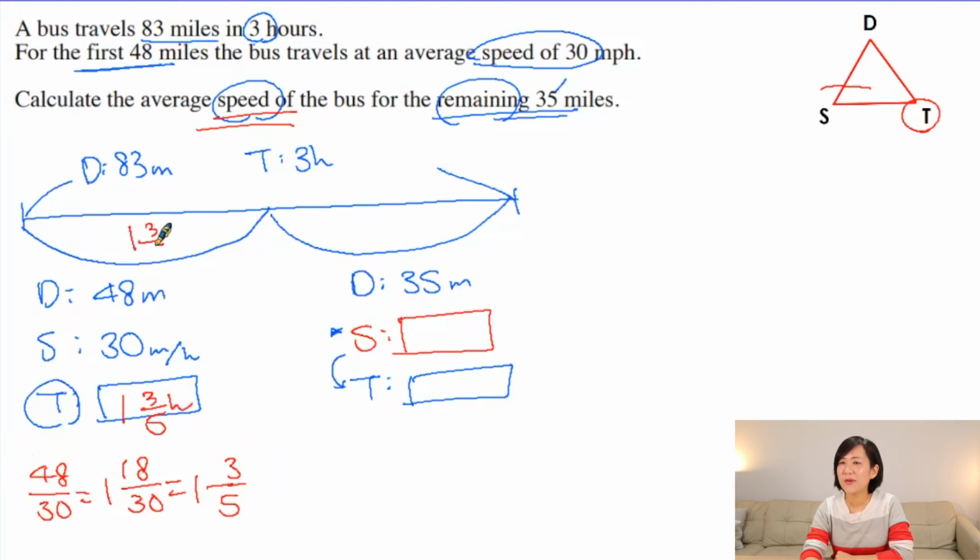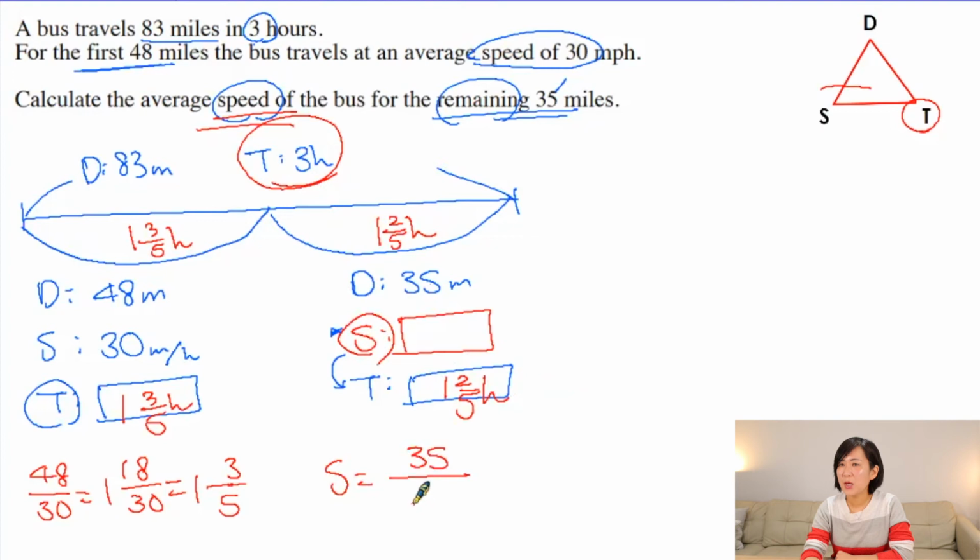So we can find that the other part takes 1 2/5 hour for our remaining part. So our speed is 35 divided by 1 2/5.